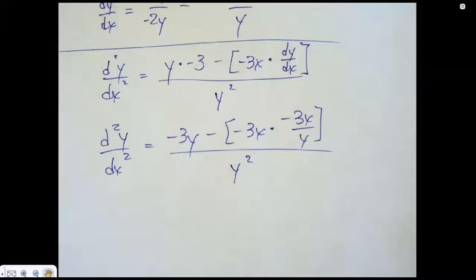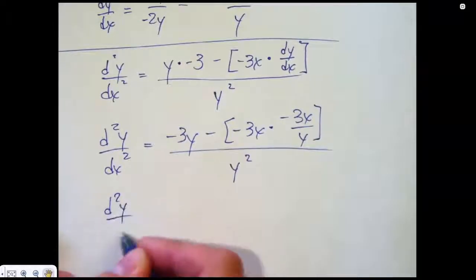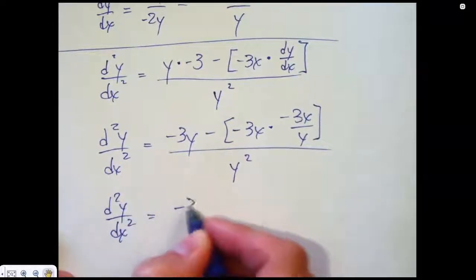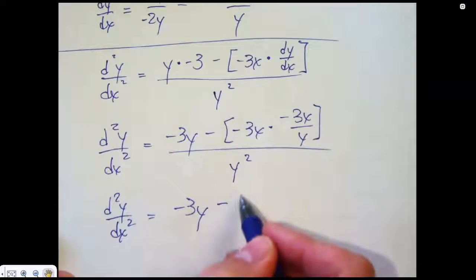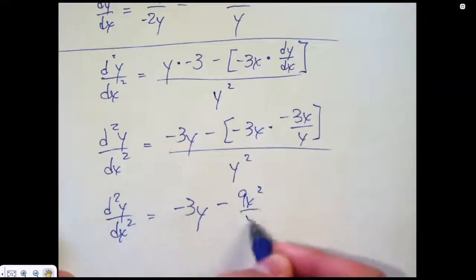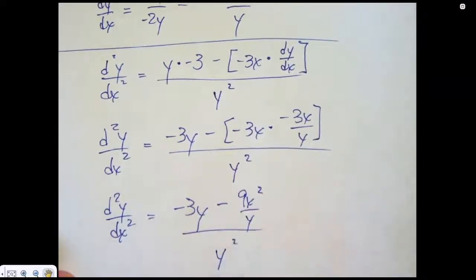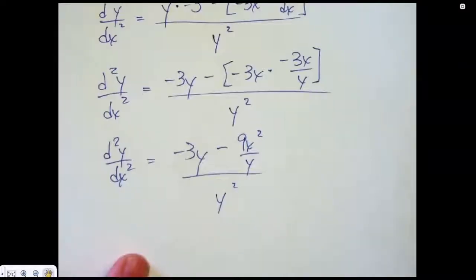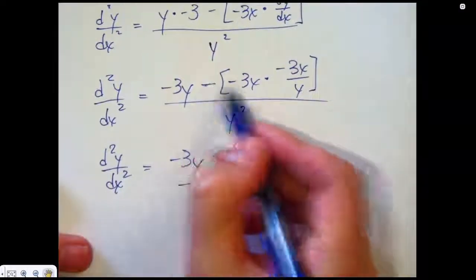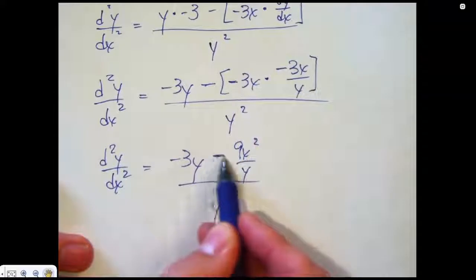Questions up to there? Where'd you get this? Where's this coming from? So then I think I would say, okay, that's negative 3y minus 9x squared over y squared. So a negative times a negative times a negative leaves me with a negative.